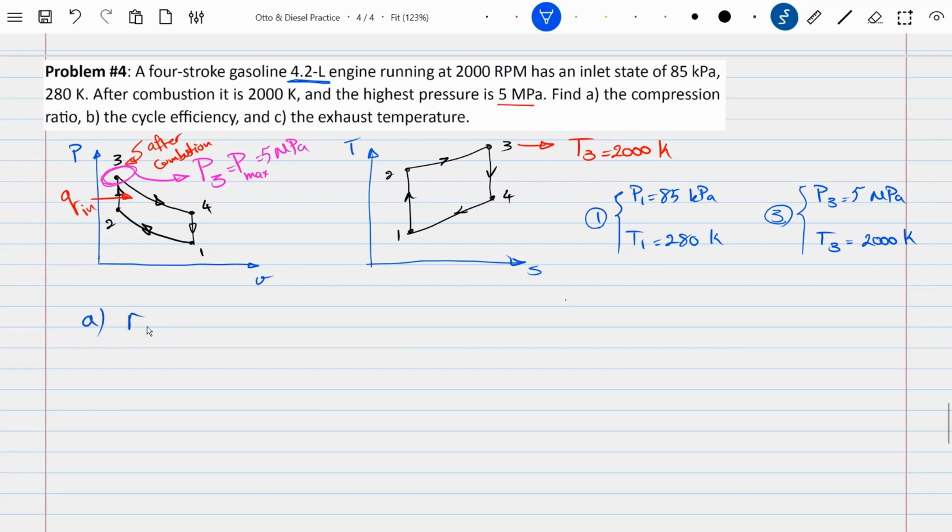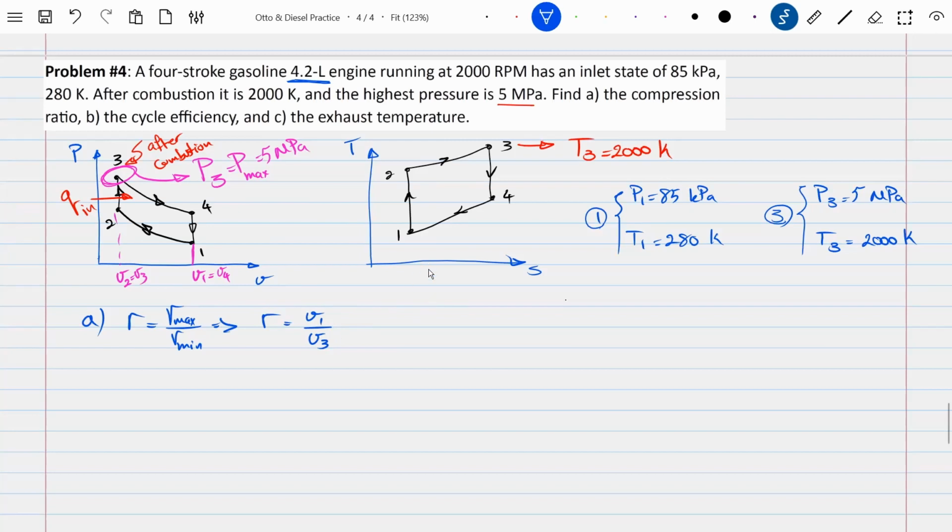Now, compression ratio is Vmax over Vmin. Looking at the diagram that we have, maximum volume is V1 and minimum volume is V2 or V3. They are the same, exactly like V1 is equal to V4. I can say the compression ratio that I'm looking for is actually specific volume 1 over specific volume 3.